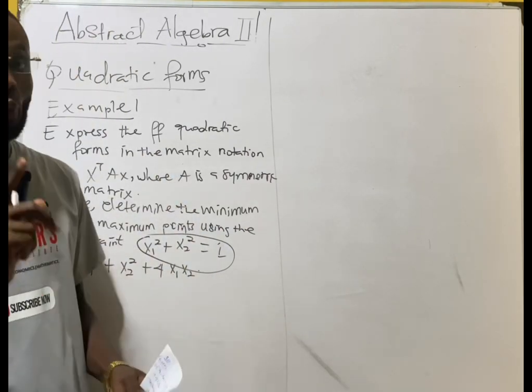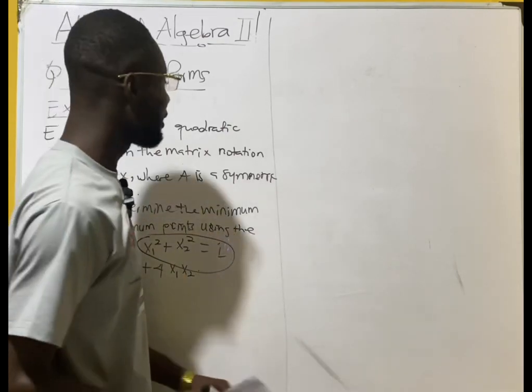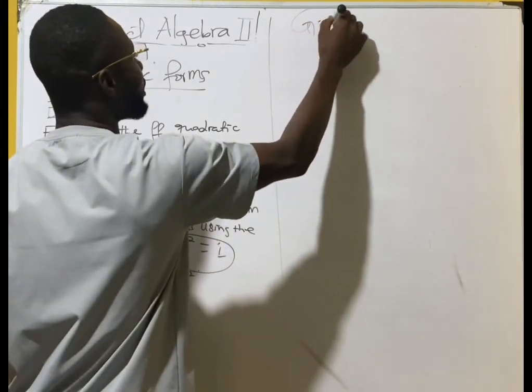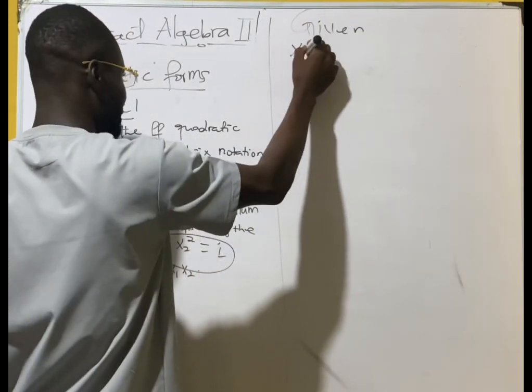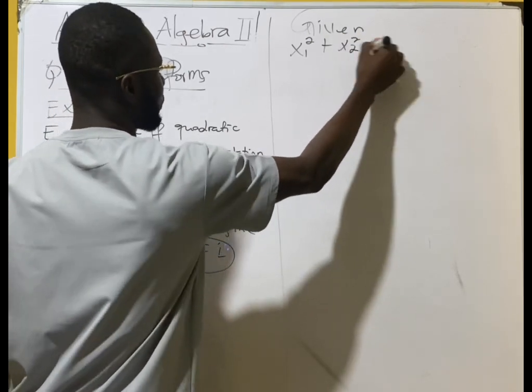So we have been given a constraint: x1 squared plus x2 squared equals 1.